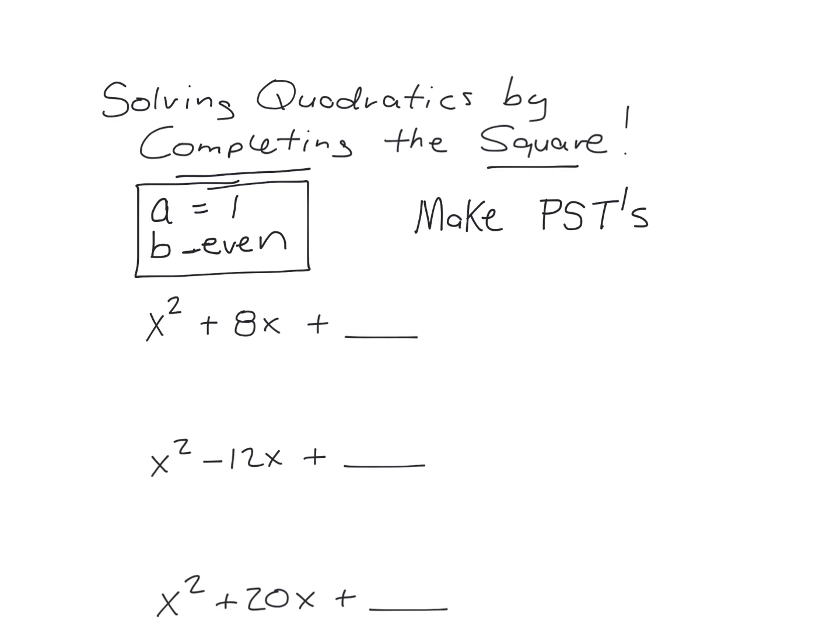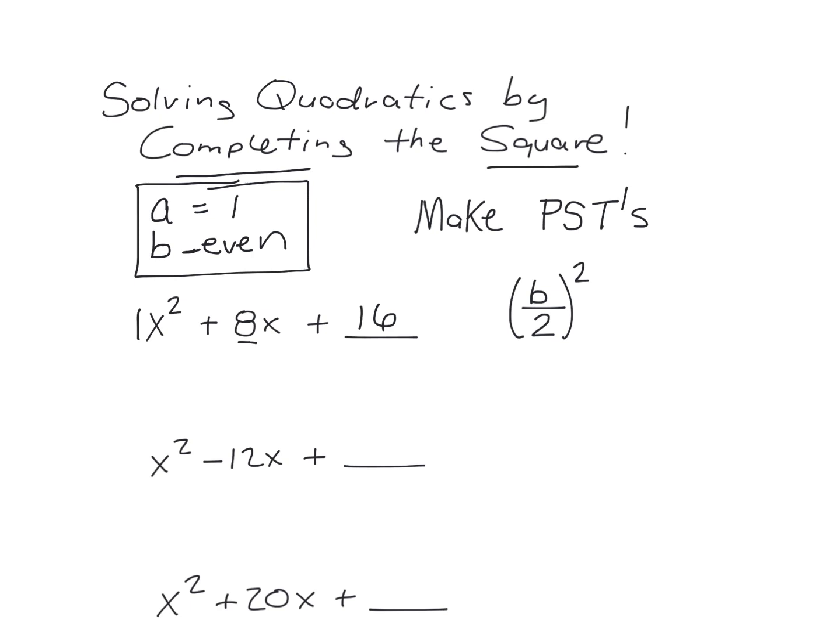For example, if I have x squared plus 8x, and I want to make this a perfect square trinomial, you can see in this case that a is 1 and b is even. We're going to take half of b, which is 4, and then square it, which gives us 16. So by making these PSTs, or perfect square trinomials, half of b squared will be the c value.